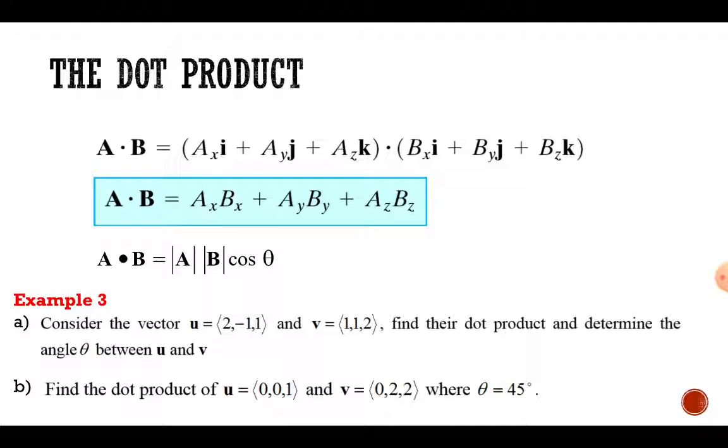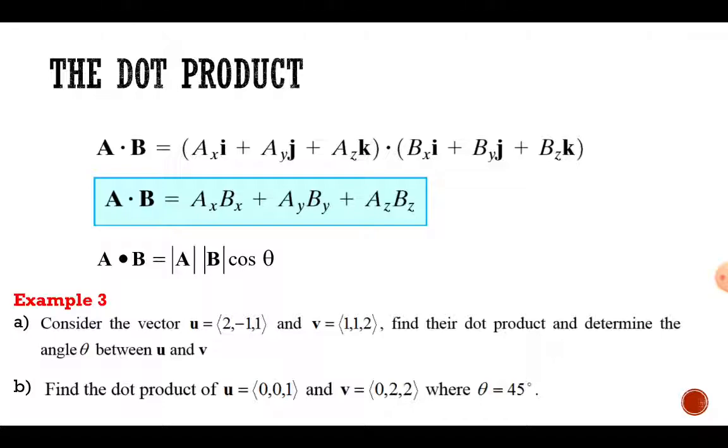Maknanya dia dah tak jadi vektor. Bila dua vektor didarab bersama, dia dapat a scalar value, a single number. Dia dapat satu value, 20 ke, 10 ke, -5 ke, kosong ke. So that is the dot product.